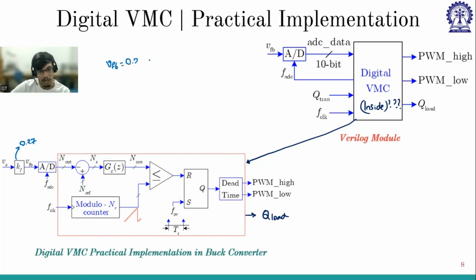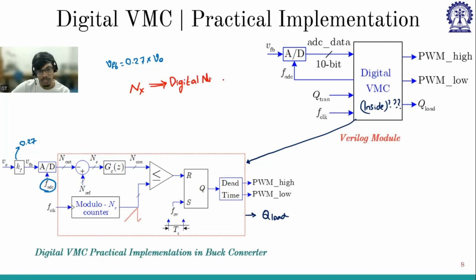0.27 times V naught. Now V naught goes to the analog to digital converter, which has FADC coming from our main module.